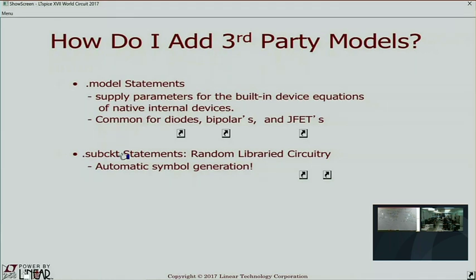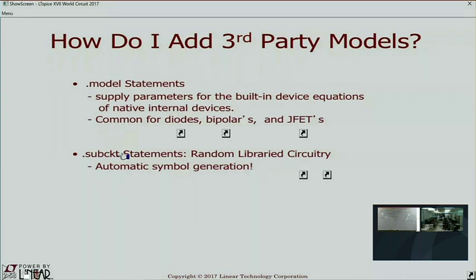And because LTSpice is a physical simulator, there should be an analogous process to using a third-party model in a simulator as there is to using an actual sample from a vendor. And what's that process? You get the sample from the vendor, you read the data sheet to find the pinout, and then you get it connected in your circuit, and you go forth from that. There should be an analogous process.